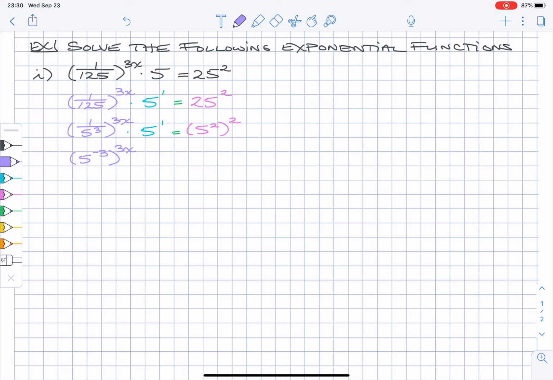So now this is 5 to the minus 3 raised to the 3x, times 5 to the first, is equal to, now on the right hand side, when we raise a power to a power, we multiply, so 2 times 2 is 4. And let's do the same thing with the purple. So negative 3 times 3x, this becomes 5 to the minus 9x times 5 to the first power is equal to 5 to the 4.